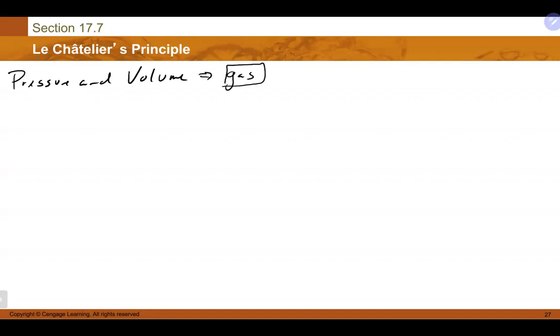And when we think about gases, we think about pressure, volume. We should think about our friend, perhaps Boyle's law, which is P1 V1 equals P2 V2. But more importantly, when we increase the pressure, that means that the volume will decrease, right? So they go opposite of each other.